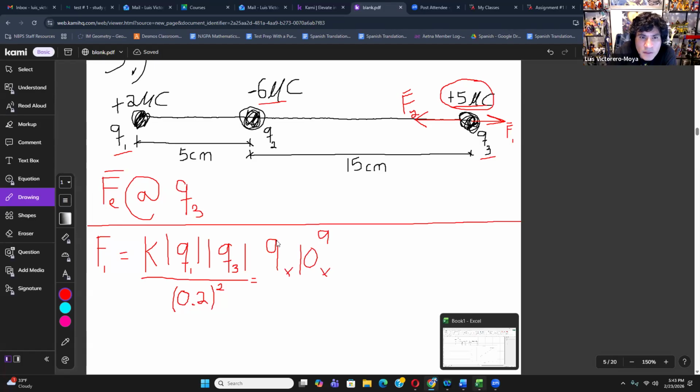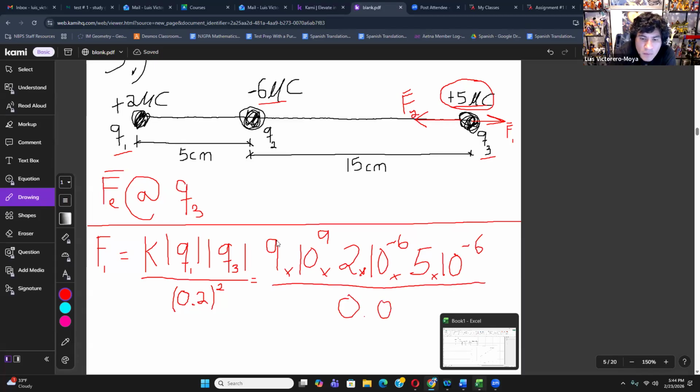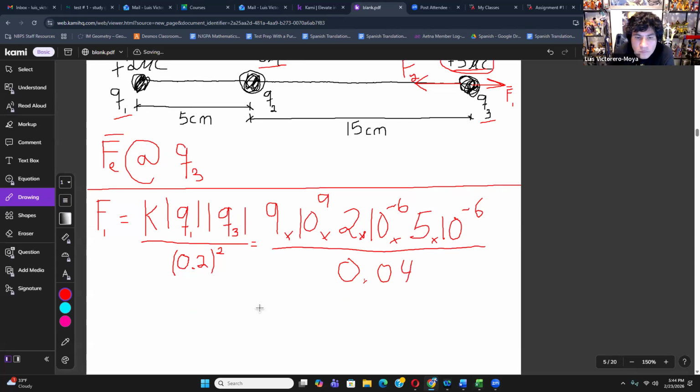That times Q1 times Q3 divided by 0.2 squared. So 9 times 2 times 5 divided by 4.